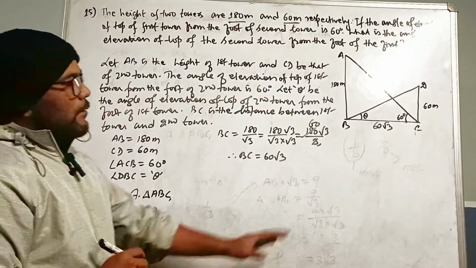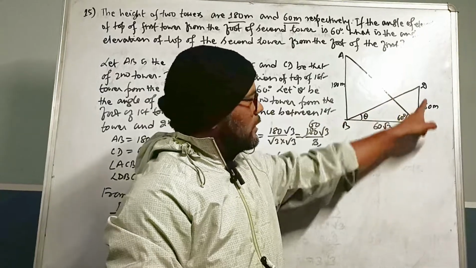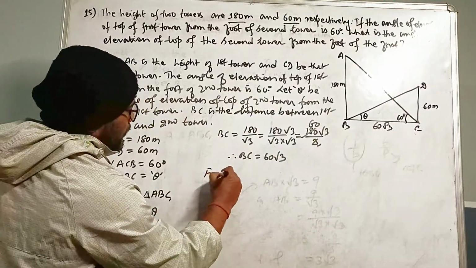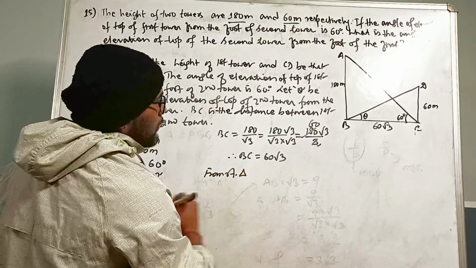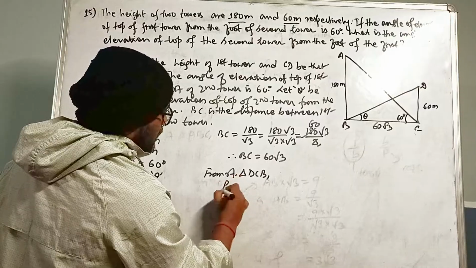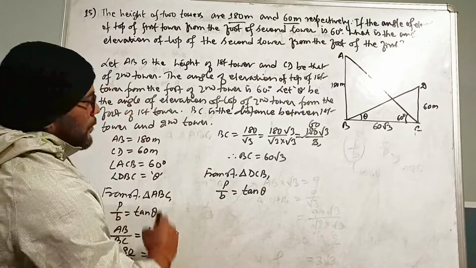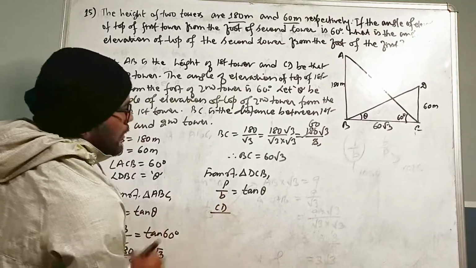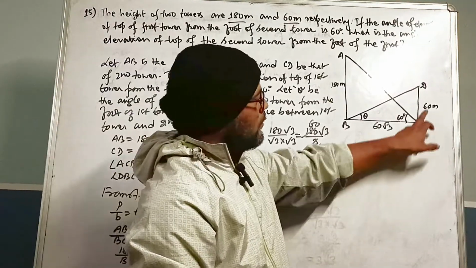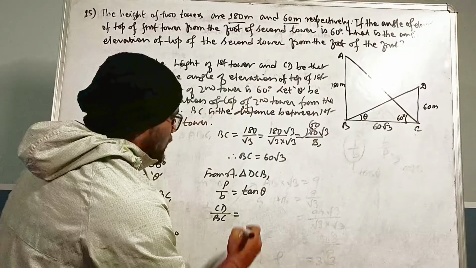Now this triangle has already finished. Now let's go to this triangle, that is DCB. From right angle triangle DCB, perpendicular by base equals tan theta. So perpendicular is your CD, base is your BC. You can clearly see here perpendicular is your CD and base is your BC.